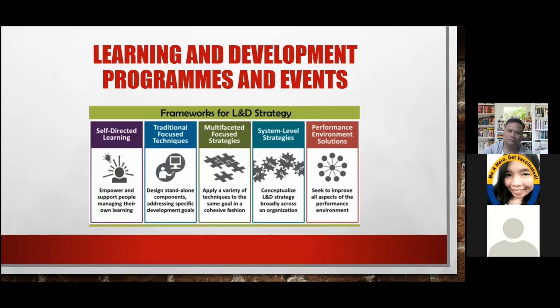Under self-directed learning, approaches whereby learning goals and activities are determined by the learner. Most useful when you have several seasoned professionals and experts as well as individuals who have very specific goals.